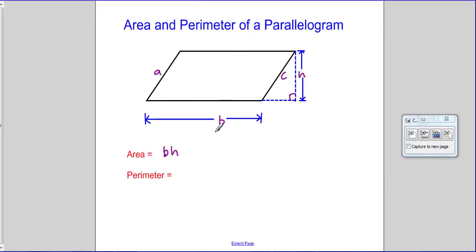Well, I have two B's. Actually, I shouldn't call this C. Let's change that. This is also A because these are congruent in the case of a parallelogram. That can be proven. So this is 2B plus 2A, or 2A plus 2B. So it's just like the perimeter formula for the rectangle.